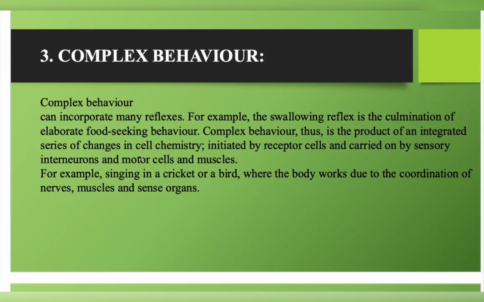Complex behavior can incorporate any kind of reflexes. For example, the swallowing reflex is a culmination of the elaborate food-seeking behavior, and complex behavior is a product of an integrated series of changes in cell chemistry, initiated by the receptor cells, carried on by the sensory neurons, interneurons, and motor neurons, and muscles.